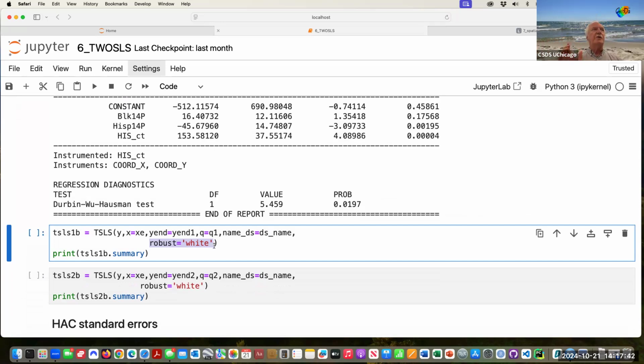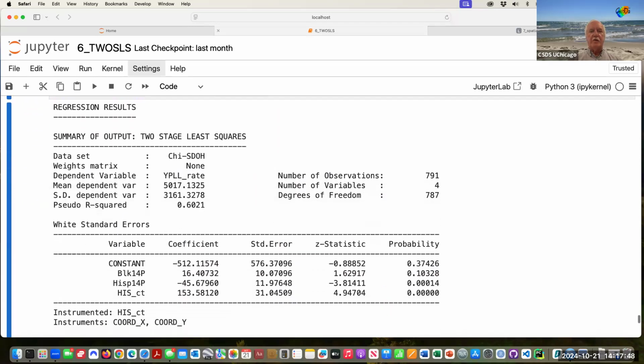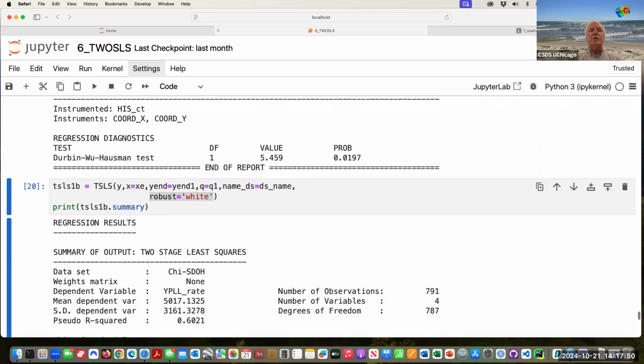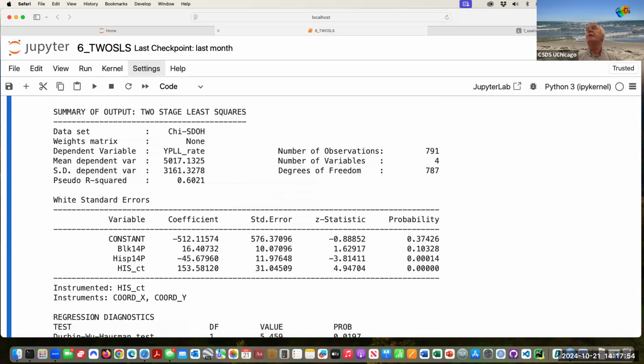And then one option is robust equal white. And again, this gives us the robust standard errors. In this case, some of them are actually smaller. Right? So again, this is not hard and fast, but in general, the robust standard errors tend to be larger than the original ones, but not always.